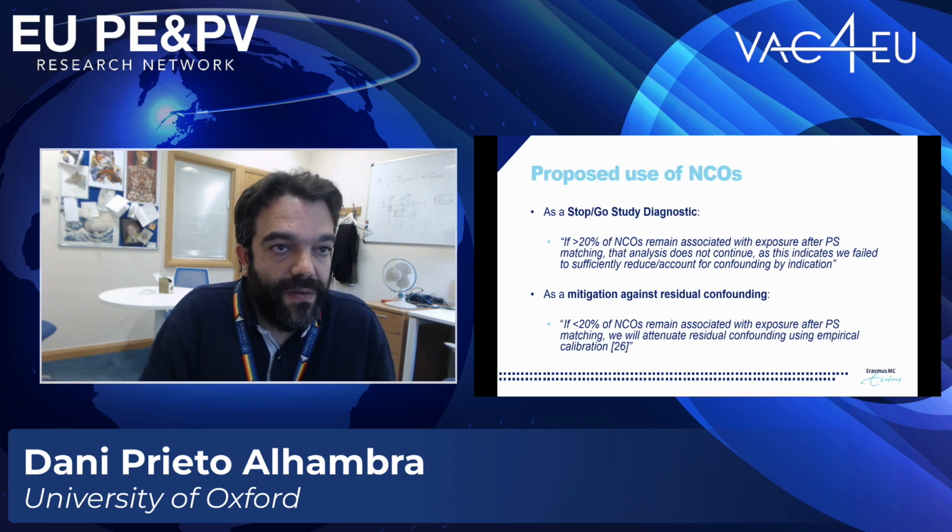So we had 2 proposed uses of negative control outcomes. The first one was a stop-go study diagnostic. We pre-specified per protocol that in any of our analyses, if we found that more than 20% of the negative control outcomes remained associated with the exposure of interest after propensity score matching, that analysis would not continue, as we would think that we had failed to sufficiently reduce or account for confounding by indication.